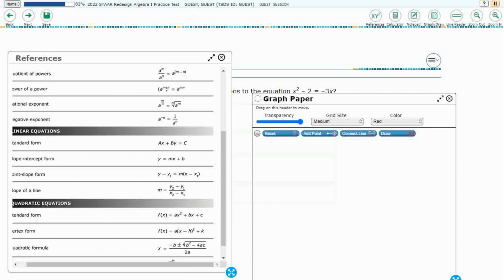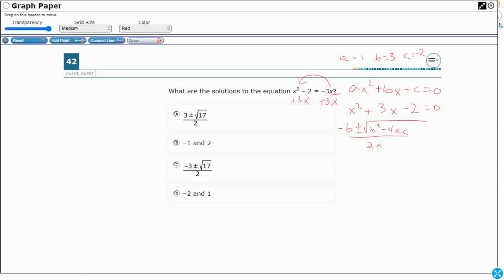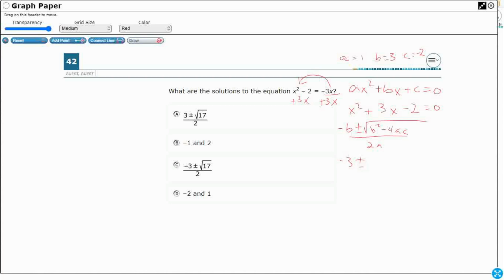So in case you're missing that, you just need to know your a, your b, and your c, which we already know. So our b is going to be 3, so it's -3. Plus or minus 3 squared, and then 4 times a is 1, and then c is -2. So it's going to end up making that a plus up there, and then 2 times 1.